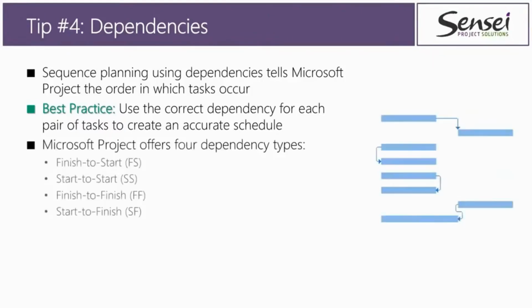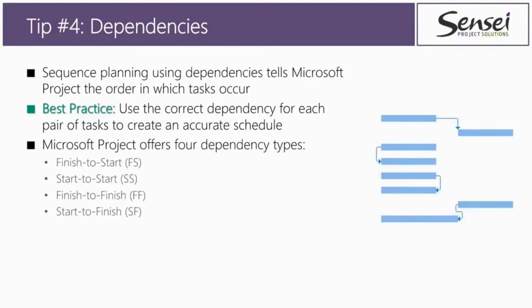Now, you're probably saying, Dale, what do you mean by accurate or correct dependency? Well, in Microsoft Project, the software actually offers you 4 dependency types called finish to start, start to start, finish to finish, and start to finish. Not every situation requires finish to start.